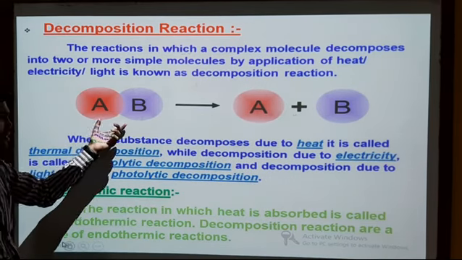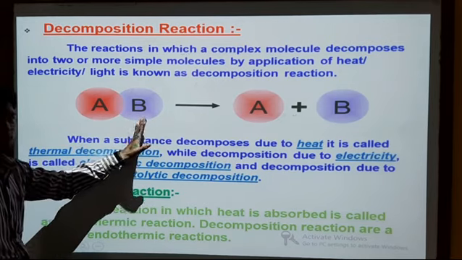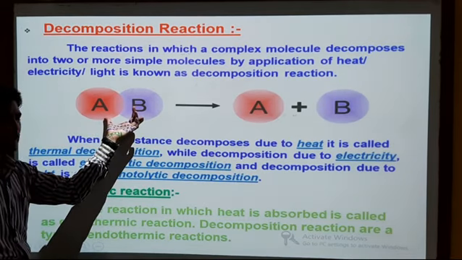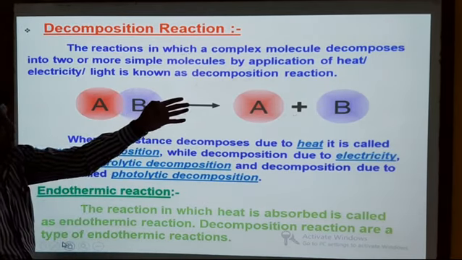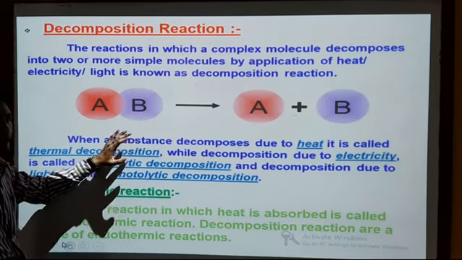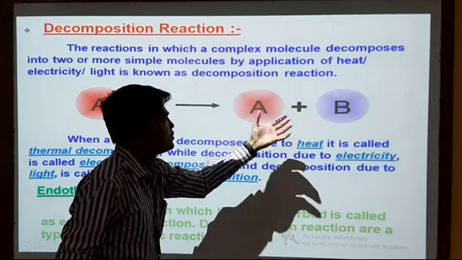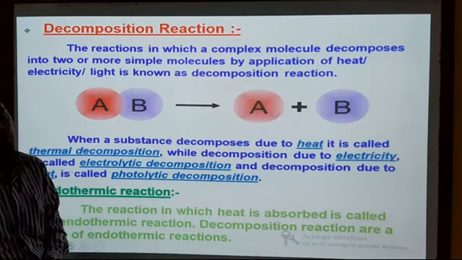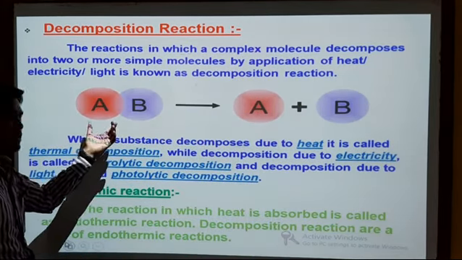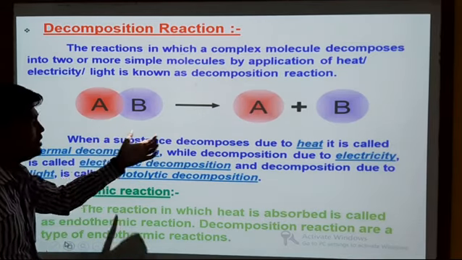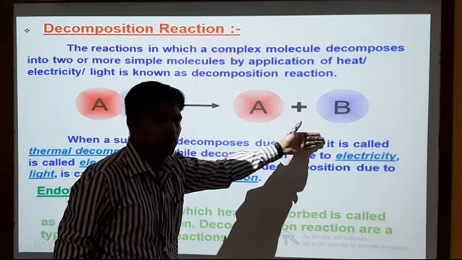So let's see an example. AB, a molecule is there. If you apply heat or electricity or light, it will break into A plus B. So this is nothing but a type of decomposition reaction where a single, complex molecule is breaking into simple products.